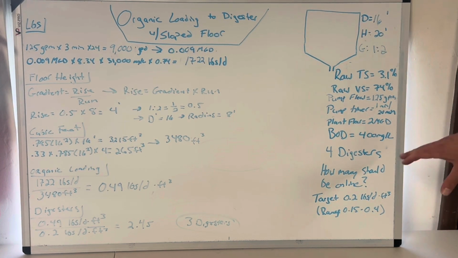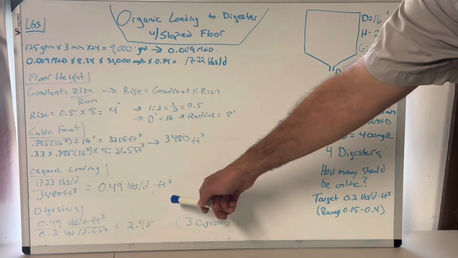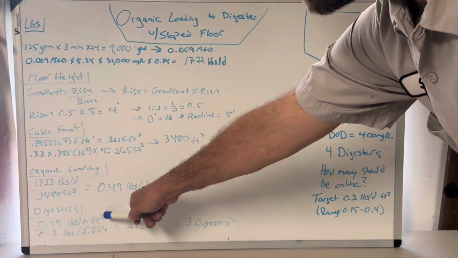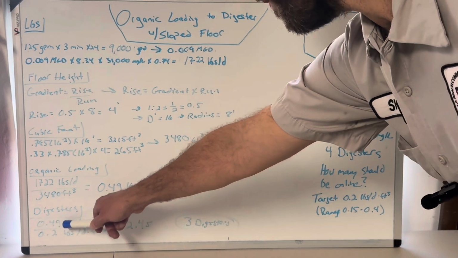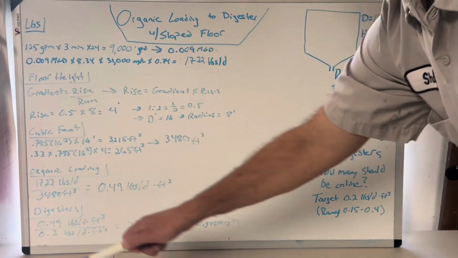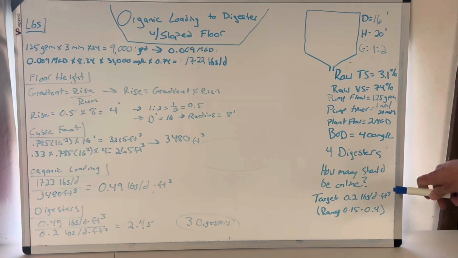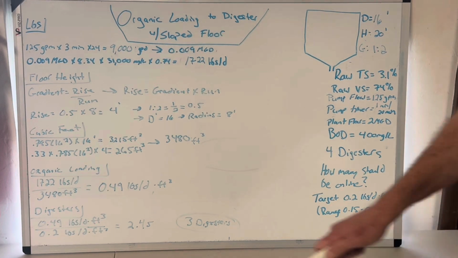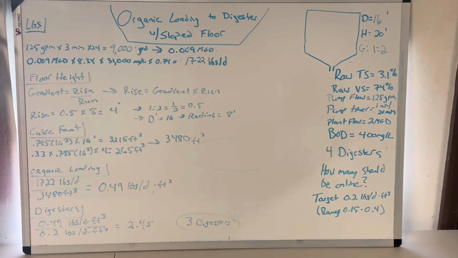How many do we use if our target is 0.2 pounds per day per cubic foot? How you do this, you take your organic loading and you divide it by your target. So 0.49 divided by 0.2, again, our target, gives us 2.45. So we should be using 3 digesters, because you can't use half a digester, if that makes sense. You put 3 of the 4 digesters online.